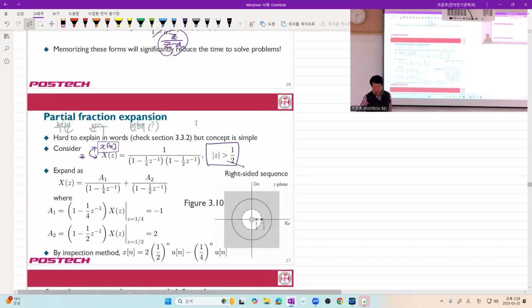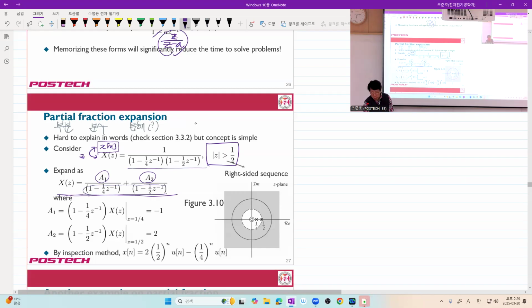So here, you find an expansion. Actually, this can be called partial fraction expansion. You do not know yet what is capital A1 and what is capital A2, but if this is the same as that one, what should be true?